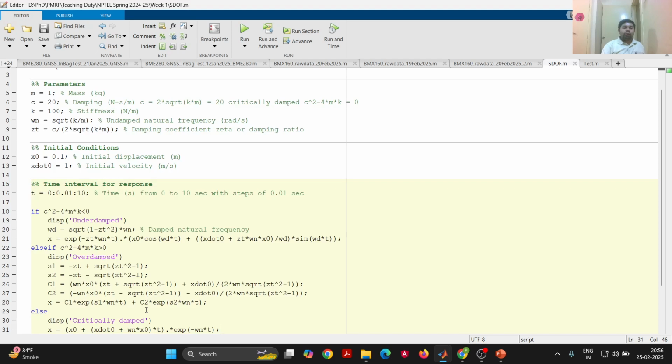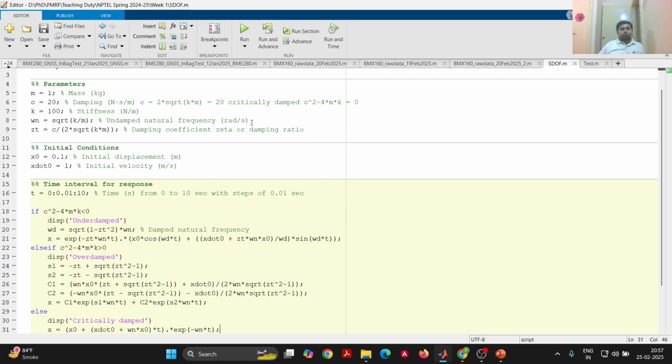So let us now try to run this code. Let us say we choose the mass as 1 kg and the stiffness as 100 Newton per meter. Then the undamped natural frequency will be root k by m, which is equal to 10.